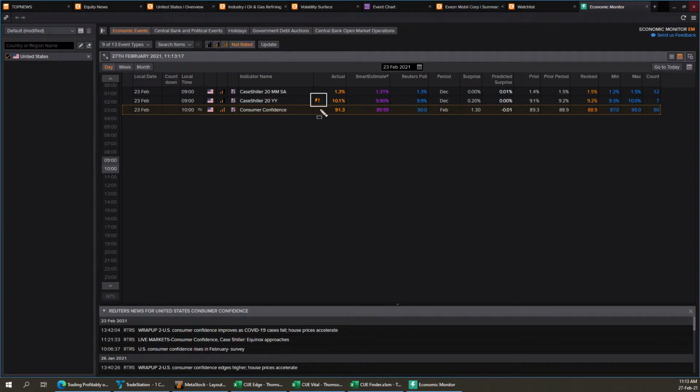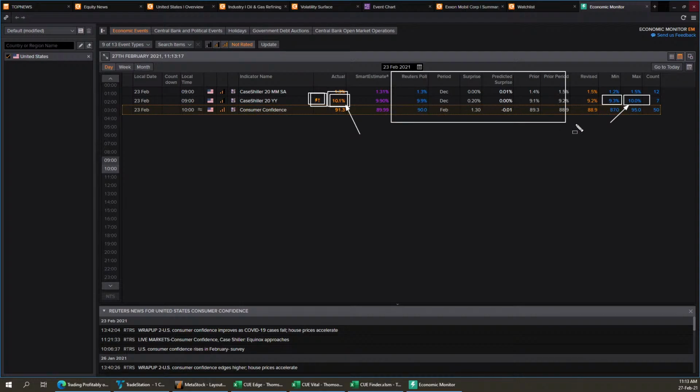Lightning up arrow when the actual is higher than the highest poll data. For example, here the actual is 10.1 for Case-Shiller and the maximum polled was 10.0. So it is higher than the highest poll data, and then this lightning up arrow will come. Similarly, a lightning down arrow will come when the actual is lower than the lowest poll data.